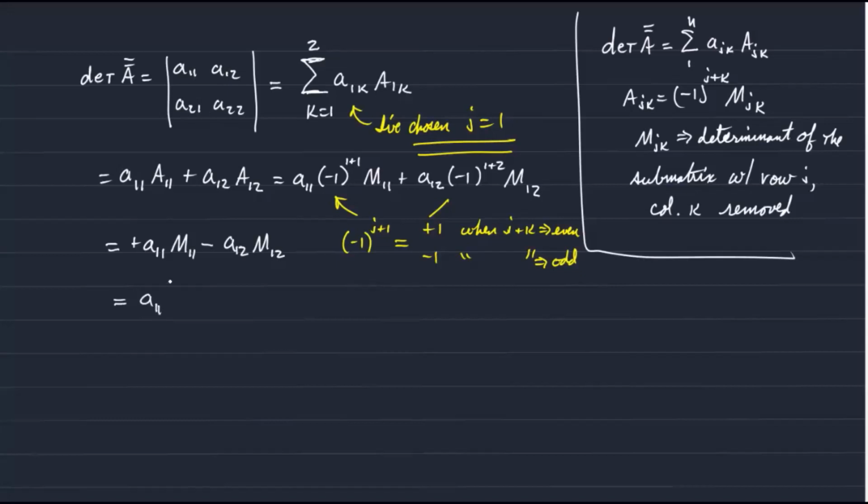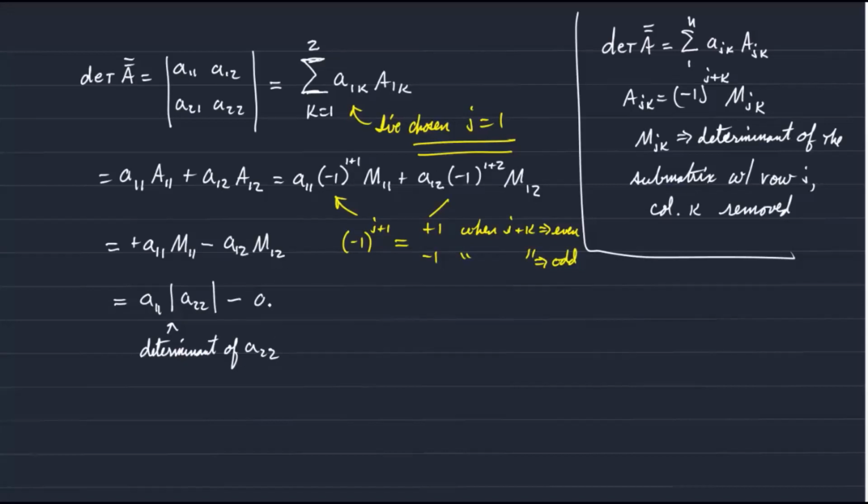So that's A11 times the determinant of A22. That's what the vertical bars stand for, the determinant of A22.